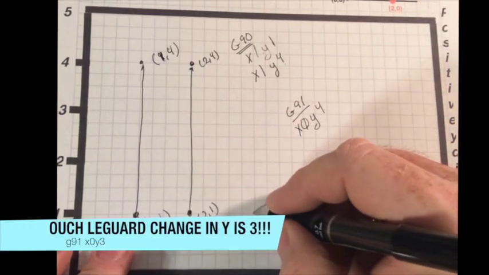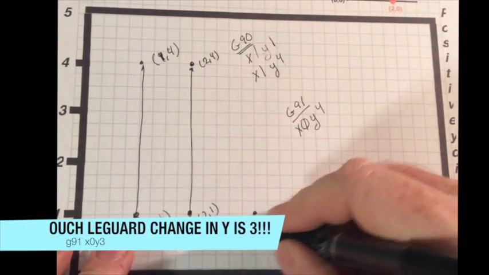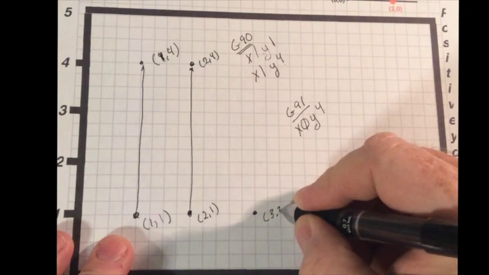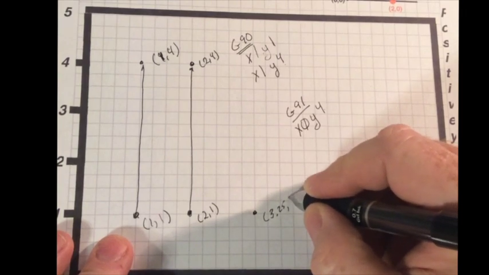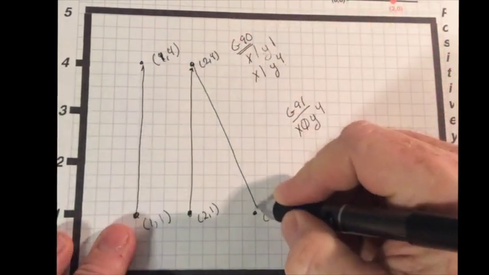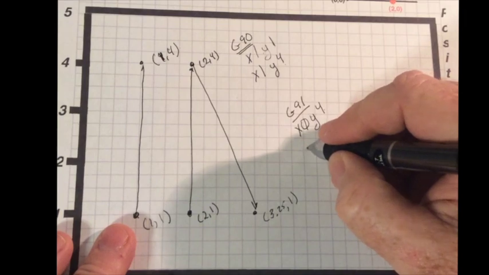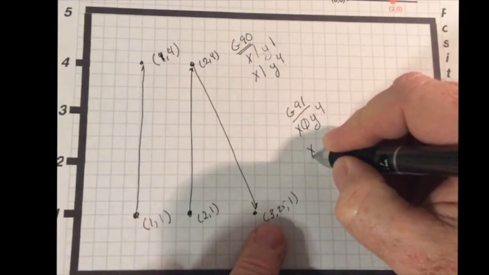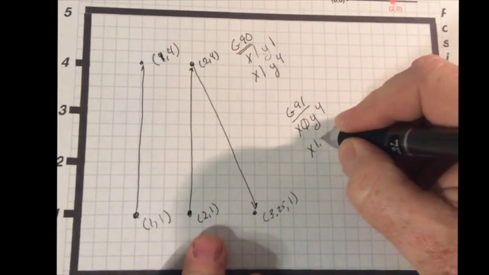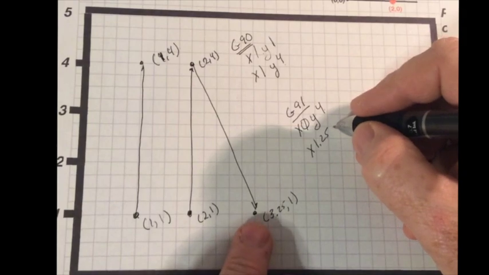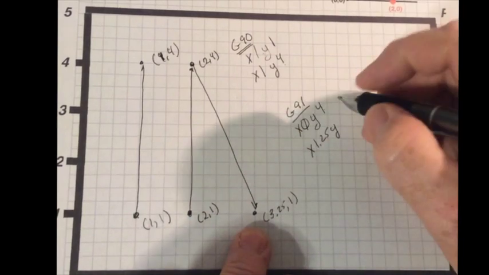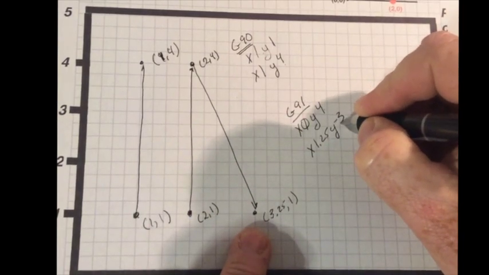Now if I want to get next to this spot right here, which is 3.25 comma 1, to do it here, I have to say change in x, and the change in x would be 3.25 minus 2, which is 1.25, and then the change in y from 4 to 1 is a minus 3.